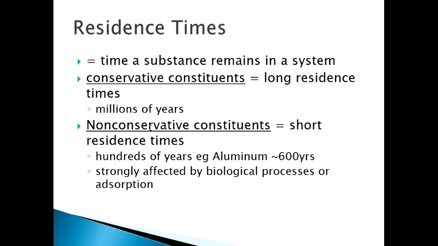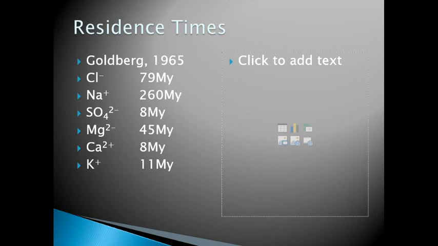Then we have non-conservative constituents, and these are there for just short times, meaning they get into the ocean and then they are quickly removed by one of those processes I just talked about, mostly the adsorption one. And so aluminum has a residence time of about 600 years. That's very, very fast.